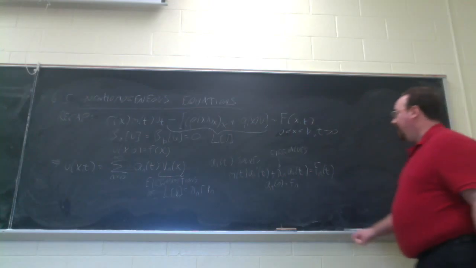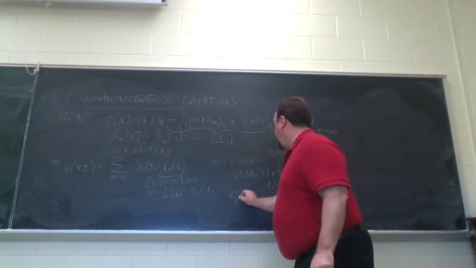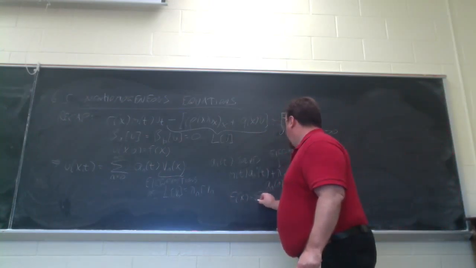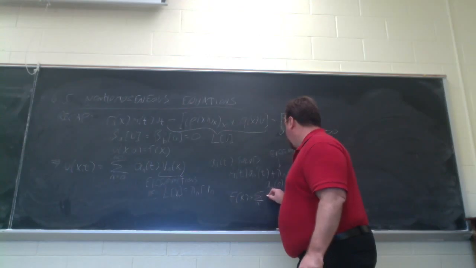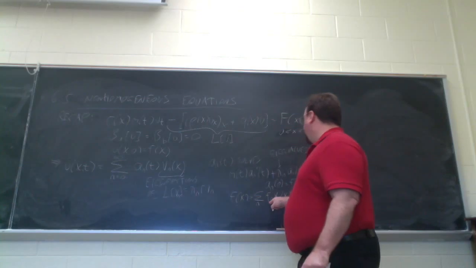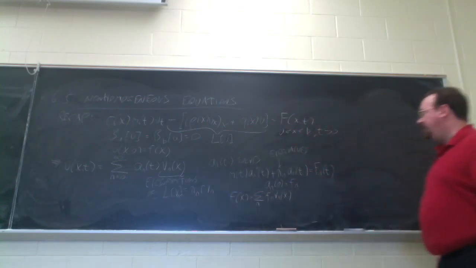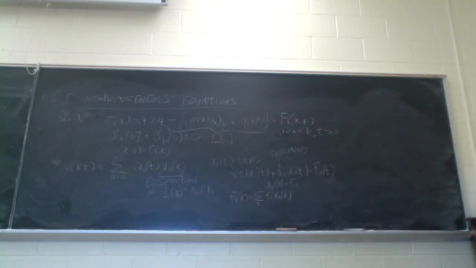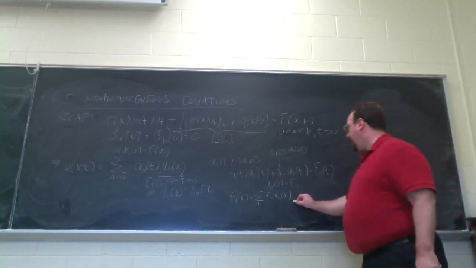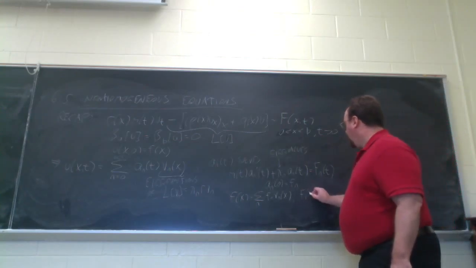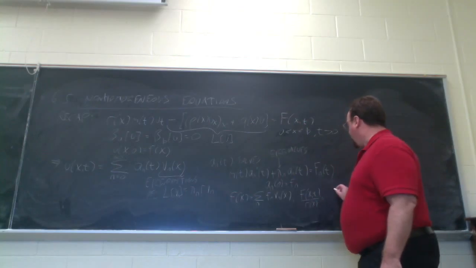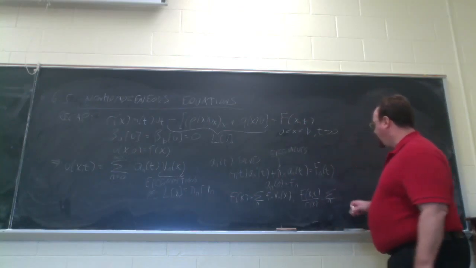With initial condition a_n of 0 equals f_n, where our initial data has an eigenfunction expansion of this form, so the little f_n are the coefficients of little f. And big F of x,t over the weight function r of x also has an eigenfunction expansion.